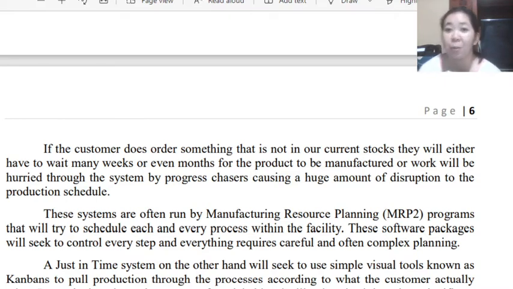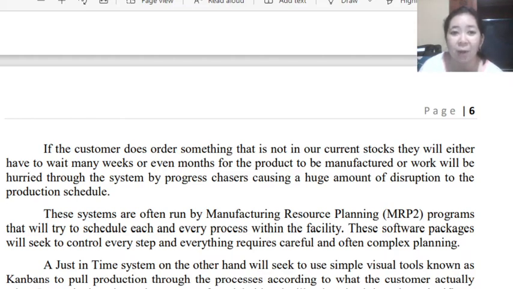So this is another problem with just-in-case. What if the customer order is not something that they produce? The order just came in and the entity would produce it in a short period of time to meet the set schedule. So this is another problem of traditional or just-in-case manufacturing.